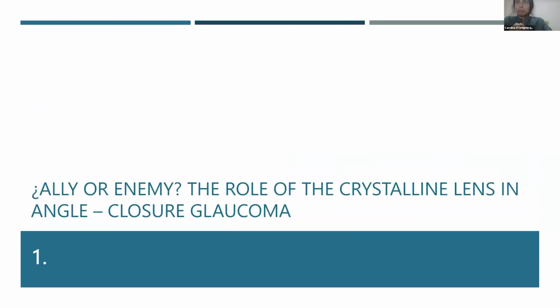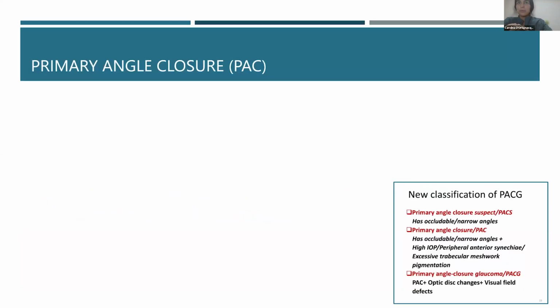The first topic is ally or enemy: the role of the crystalline lens in angle closure glaucoma. I know this is not the first time we talk about this, because here Melanie always told us the importance of cataract surgery in angle closure glaucoma, but I want to talk about it.